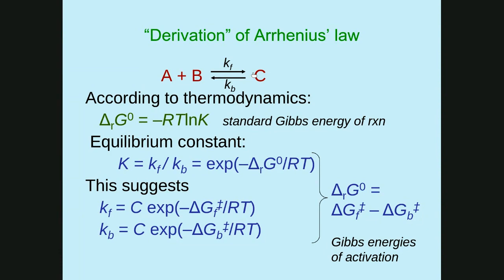So we can define a rate constant for the forward-going reaction, from A and B leading to C, but also for the back reaction. Now, if you have these compounds A, B, and C present in a closed vessel, so that none of them can escape into the atmosphere, then eventually a chemical equilibrium will be established, where the rate of the forward reaction is exactly matched by the rate of the back reaction.